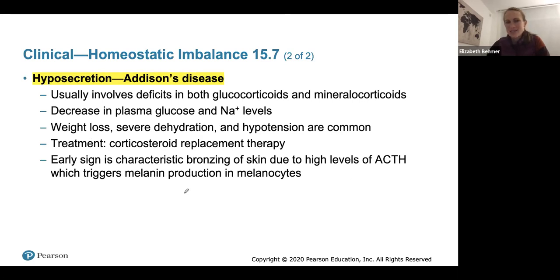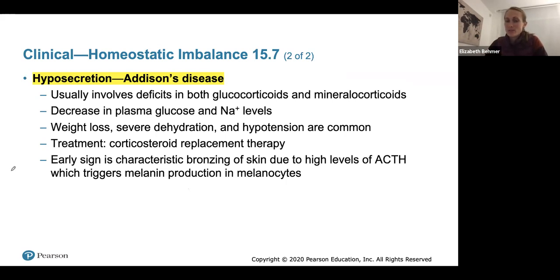So that's Cushing syndrome. Addison's disease can be hyposecretion, and this usually involves a deficit in both a glucocorticoid and a mineralocorticoid. So we're looking at a deficit in one of these corticoids, either the glucocorticoids or mineralocorticoids, that are coming from the adrenal cortex region of the adrenal gland. Hyposecretion means there's too little of them.